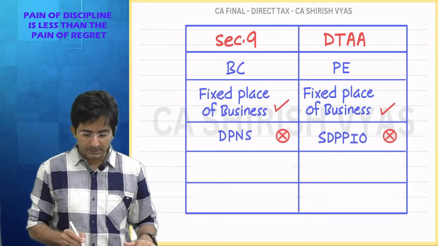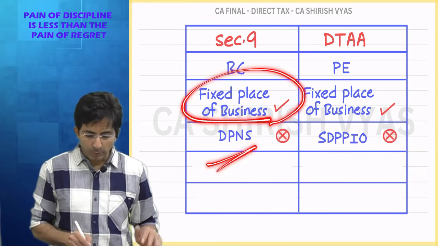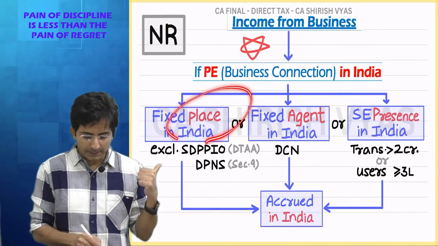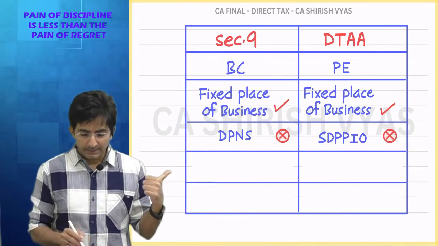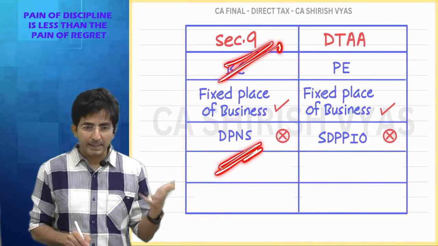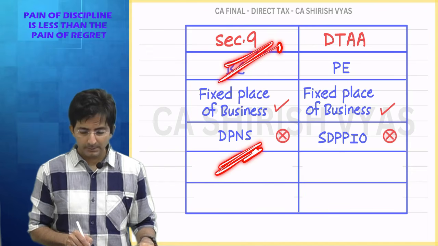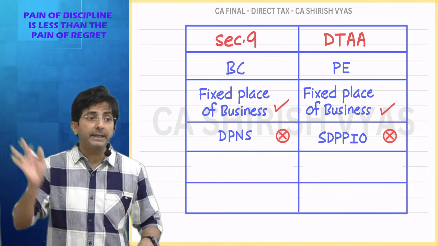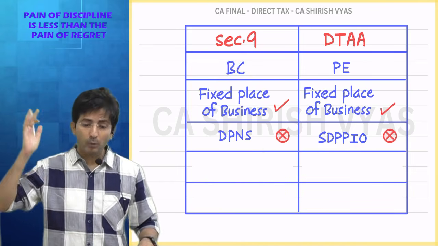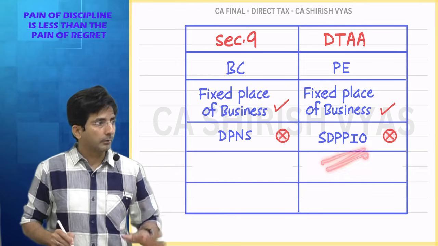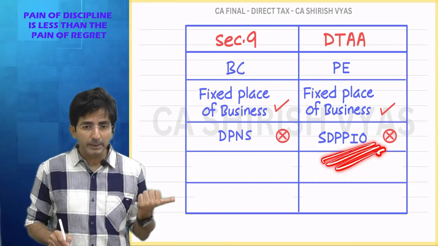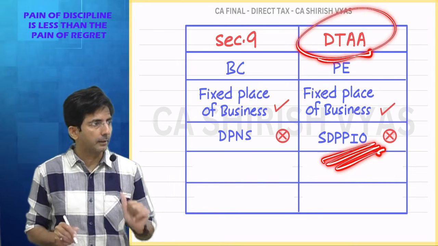Section 9 says fixed place excluding a few places. In Section 9, which places are exempted? Only a few. But in DTAA, many places are excluded. The list is long, so many exemptions are given. Since this provides many exemptions, people generally prefer DTAA.